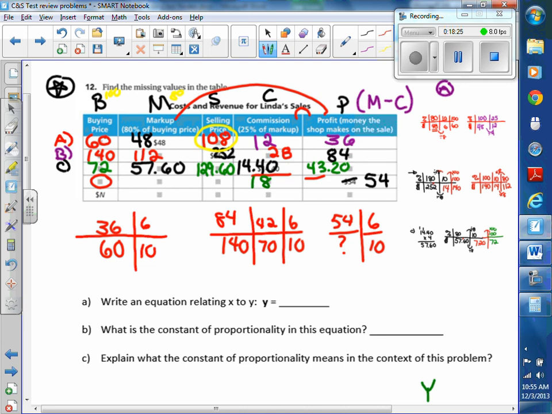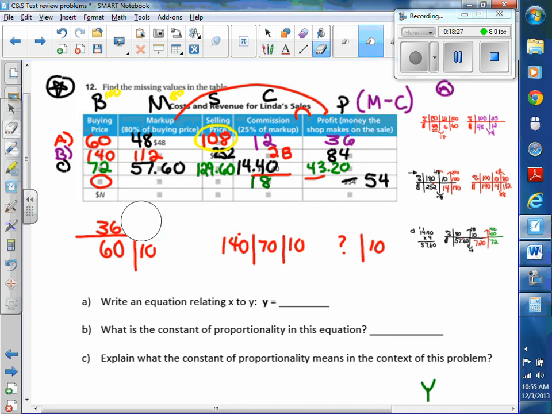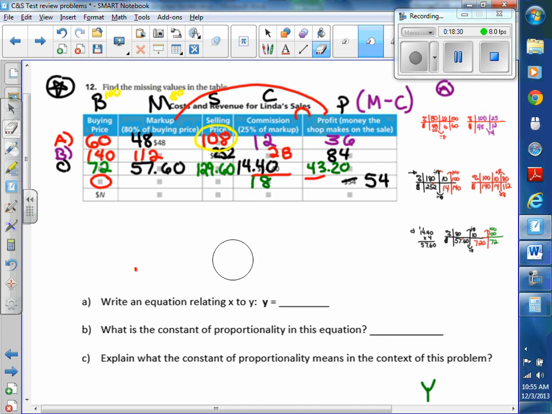What Grace did, she looked at the top row and kind of realized each one of them has 6 in it, so she sort of rewrote it as 10, 8, 18, 2, and 6. So she reduced everything by 6, and then figured out how to get to 6.